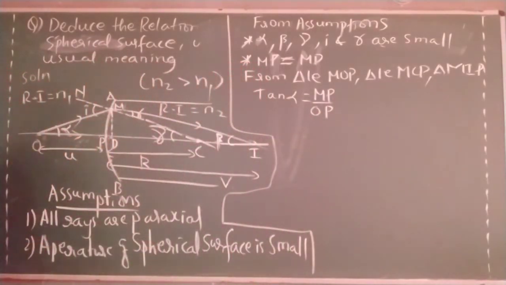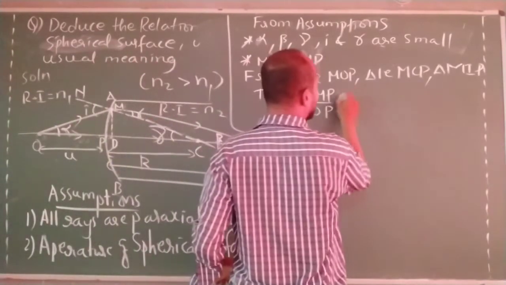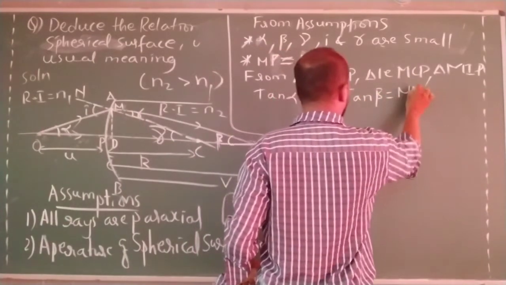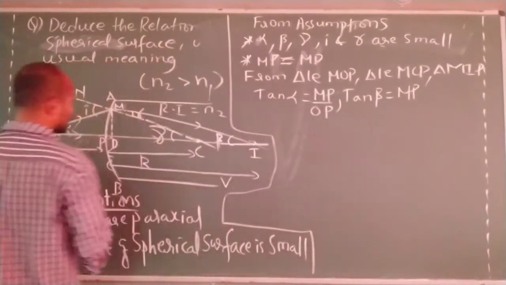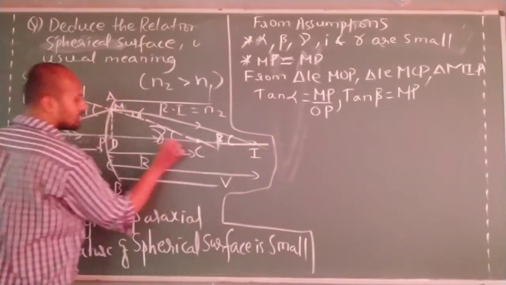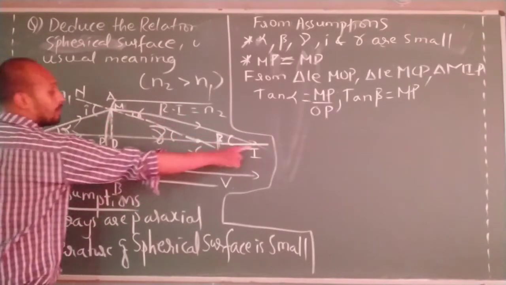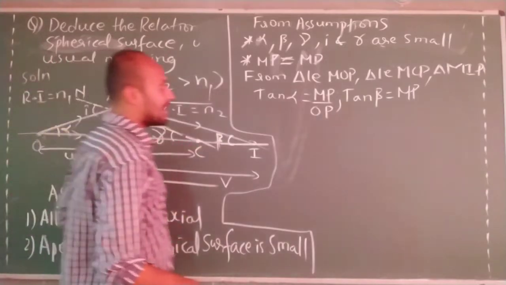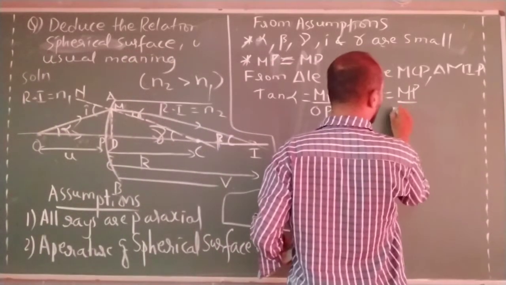Tan beta is equal to MP divided by IP. Look at this triangle, MP opposite by base.